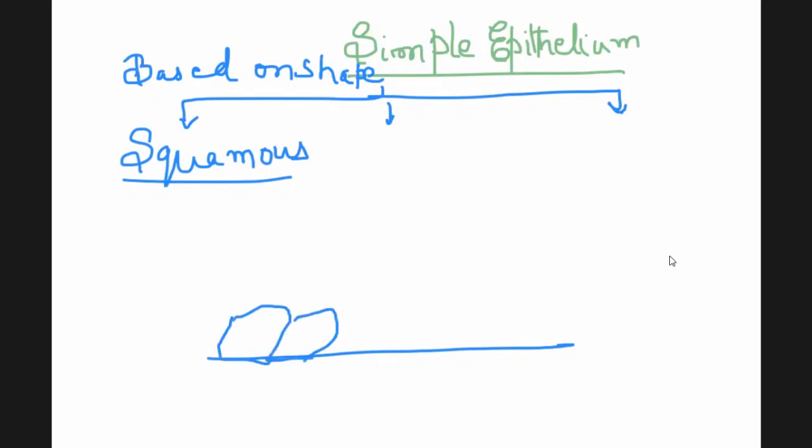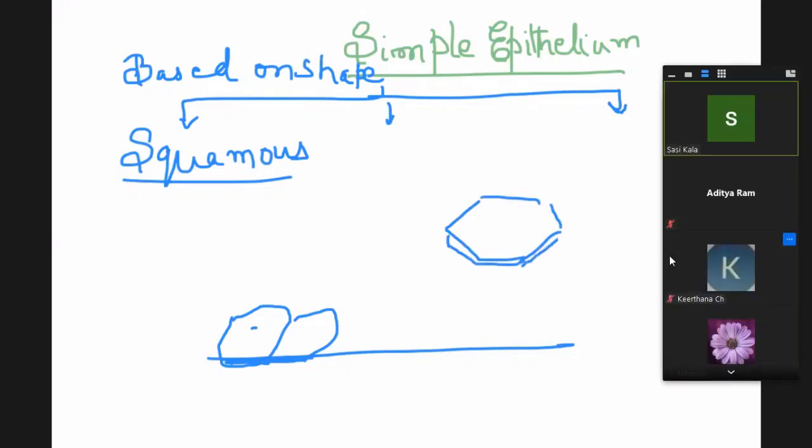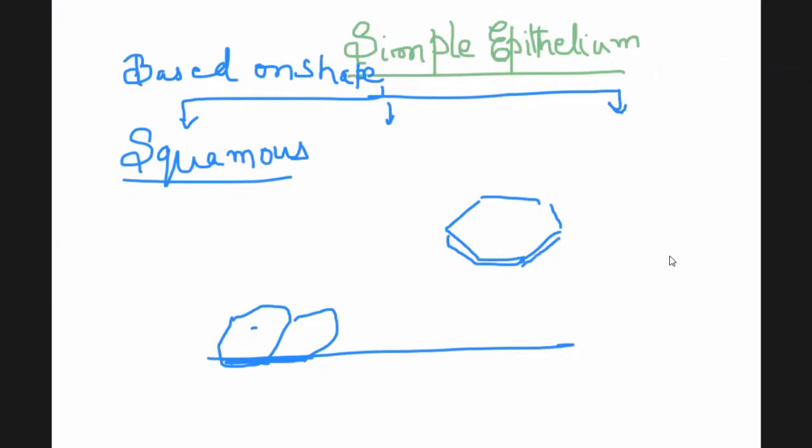This is the surface view. This is the side view. You see the thickness. These are very thin, flat cells looking like tiles on a floor.